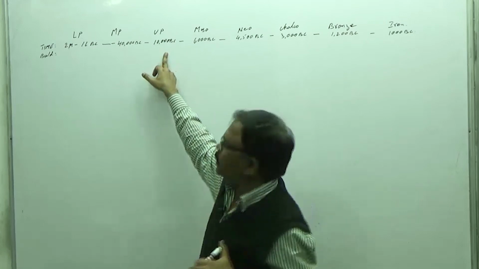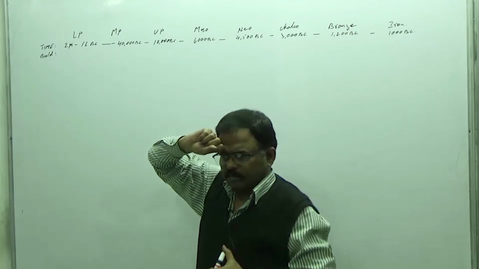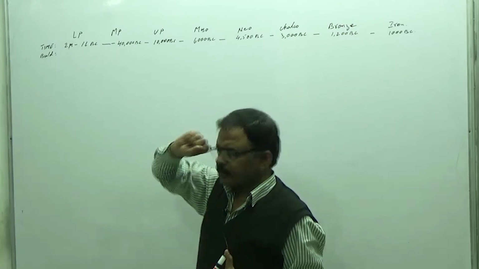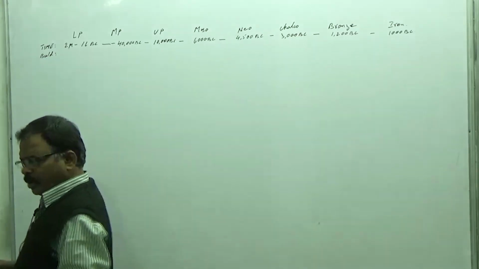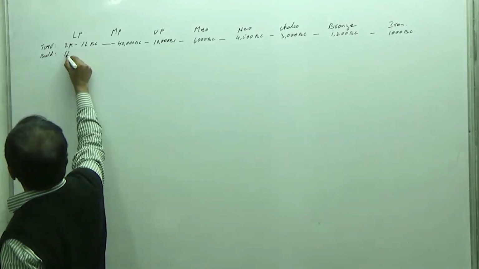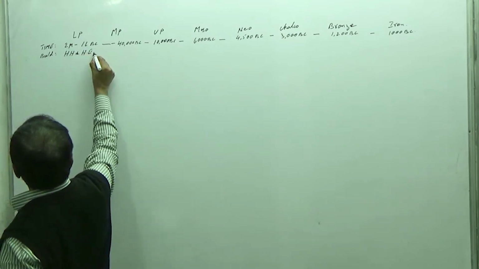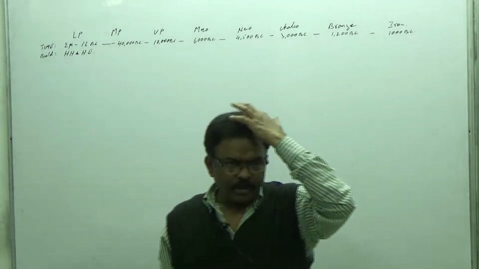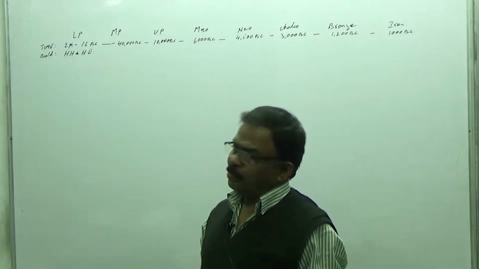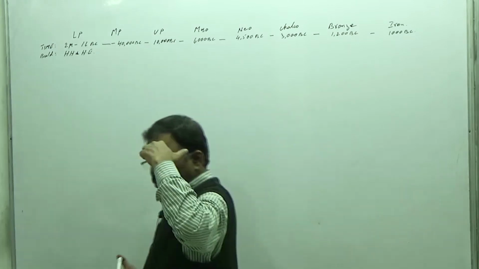Then the remaining all comes under Holocene. Then who are the builders in Lower Paleolithic? Homo habilis and Homo erectus. Lower Paleolithic cultures were built by Homo habilis and Homo erectus.